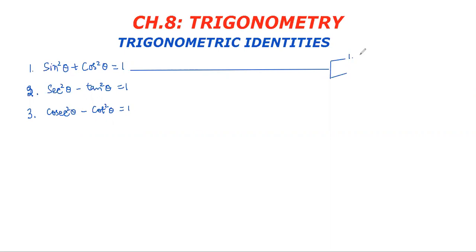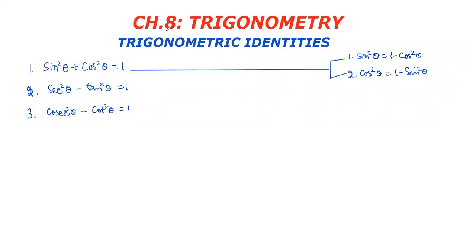One is sine square theta is equal to 1 minus cos square theta, or cos square theta is equal to 1 minus sine square theta.